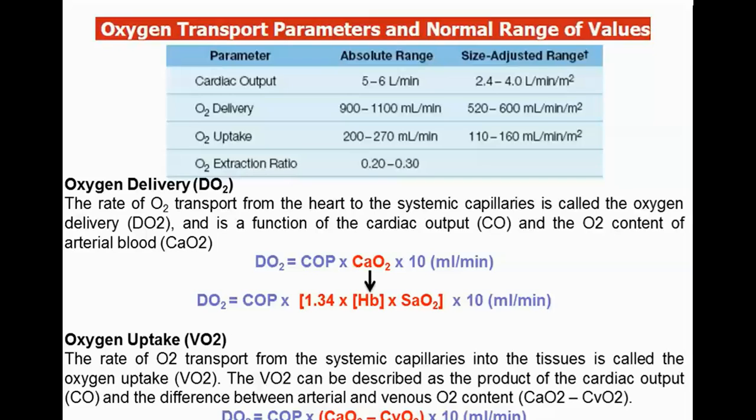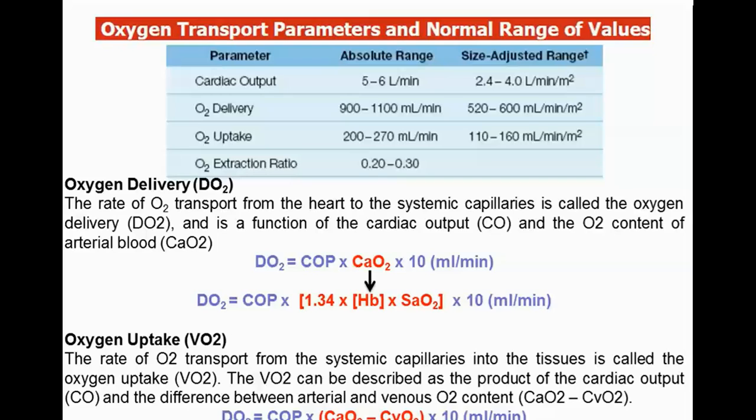Okay? So let's take an example for practice. This is a normal extraction. It will depend on what? It will depend on the oxygen delivery. As you deliver more oxygen, the tissue will take what it needs.